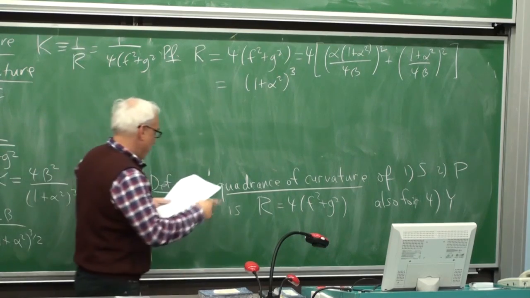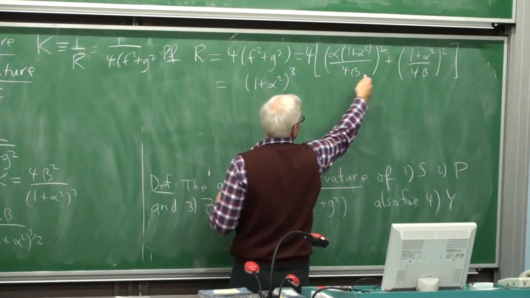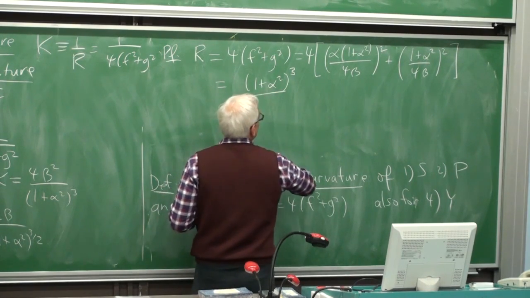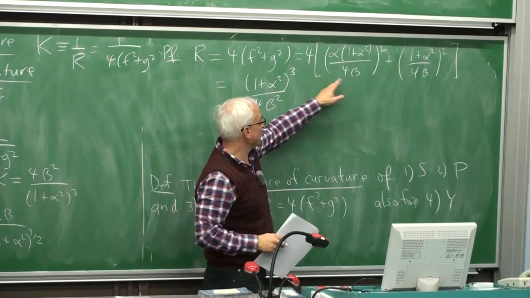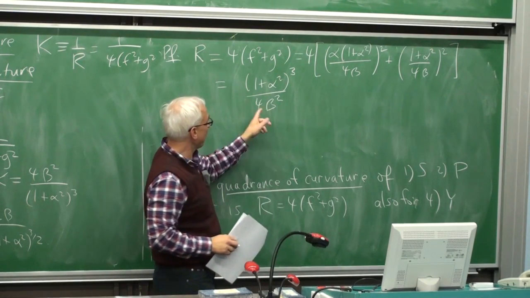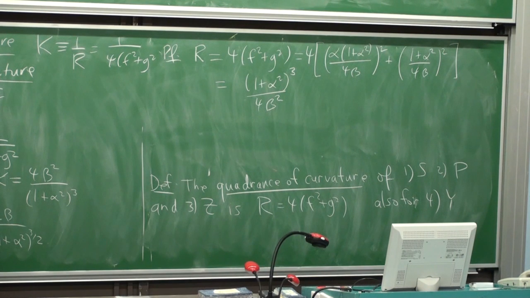And then when we take the 4 beta squareds out, there'll be a 4 beta squared remaining, because the 4 squared is 16, which will cancel a little bit with that 4, giving us a 4 beta squared. Okay, so that's the formula for the quadrance. And then the curvature, the quadratic curvature, capital K is just the reciprocal of that. And these other ones are just the square roots of those.